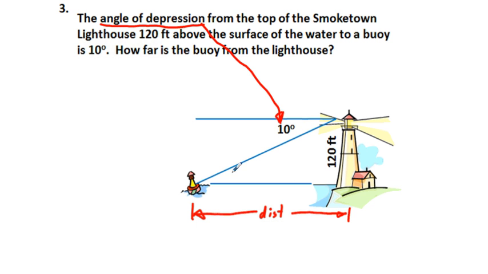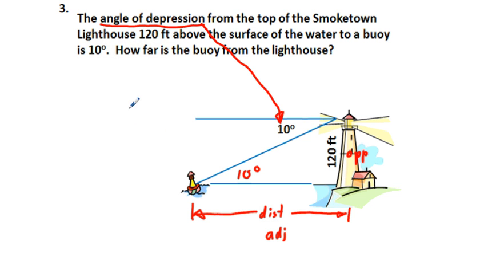And this side here is also going to be 10 degrees. We have a transversal cutting through 2 parallel lines. Again, relative to this 10 degrees, this side here, our distance, is going to be our adjacent side, and this side over here, 120 feet, is going to be our opposite side.